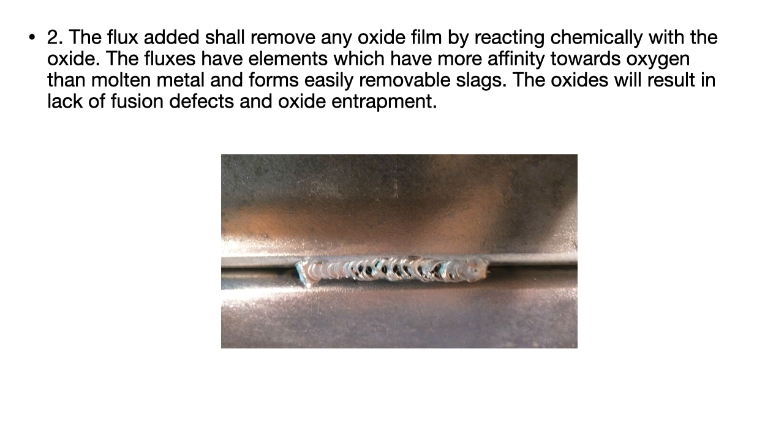As the temperature increases, the reactivity increases, and the oxygen or the oxides which are present in the base metal or in the vicinity will form undesirable oxides. So it is here that the function of the fluxes plays a role. These fluxes will have elements which have more affinity towards oxygen, and they will react with oxides or oxygen and then form easily removable compounds which form a slag.